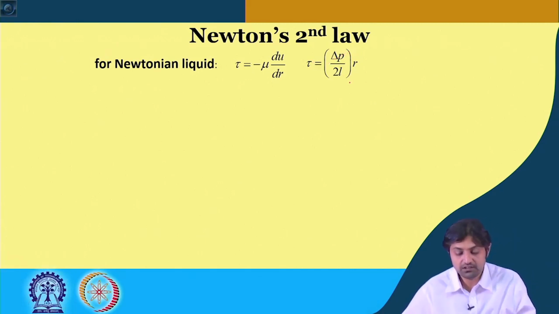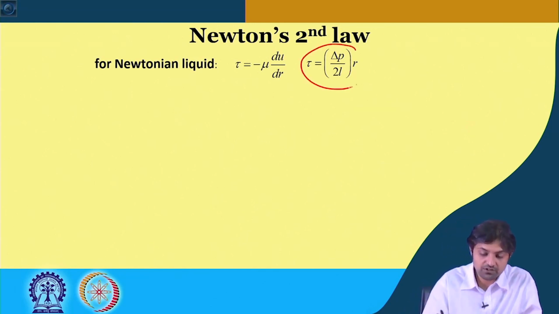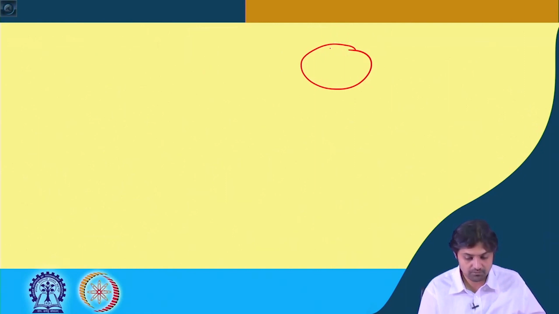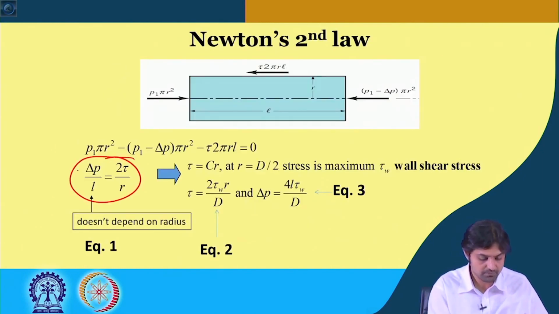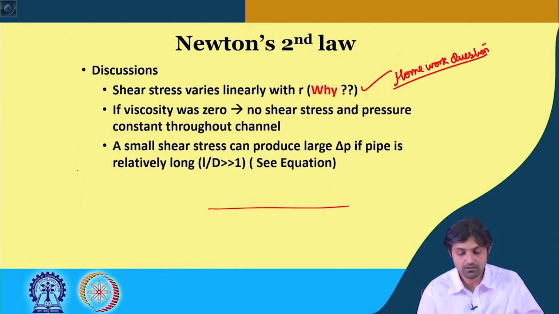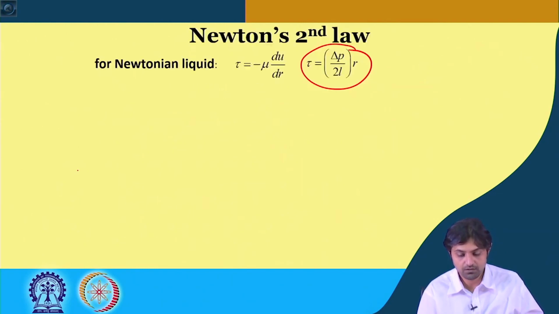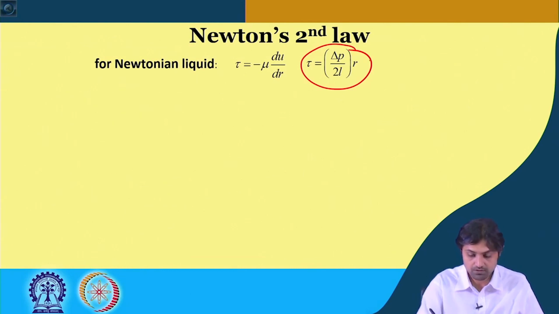And this is what we have got. Tau is equal to... how did we get this equation? We get this equation from our equation number 1. So this is equation 1.